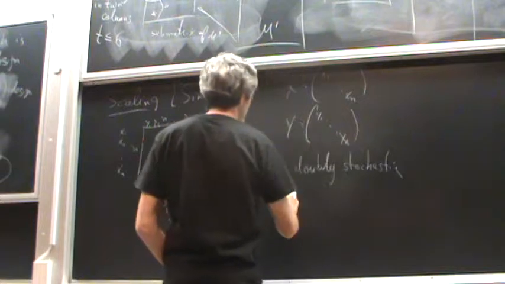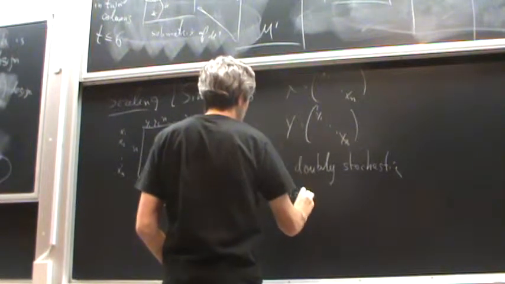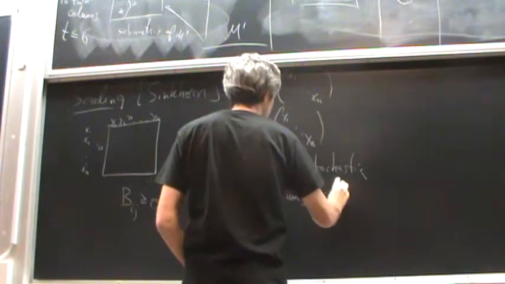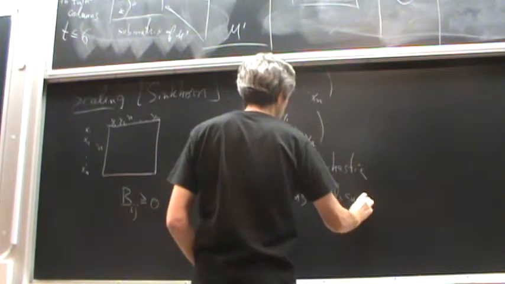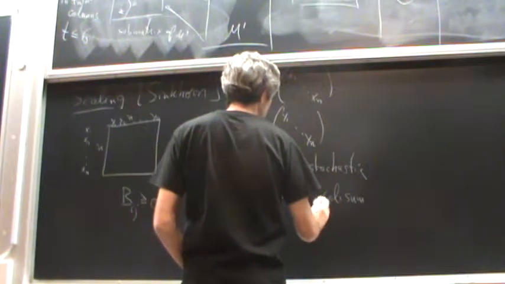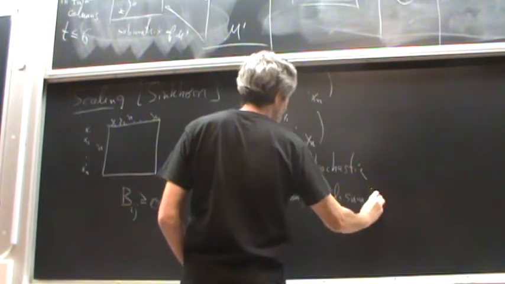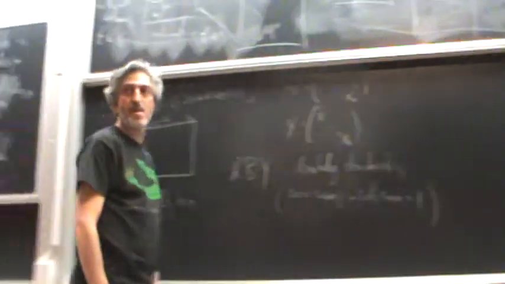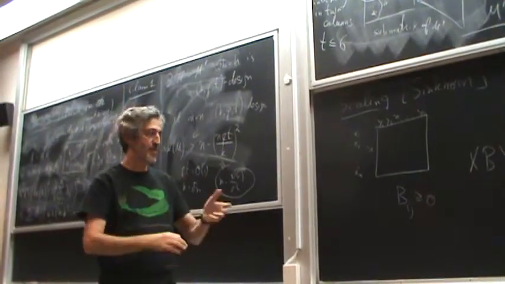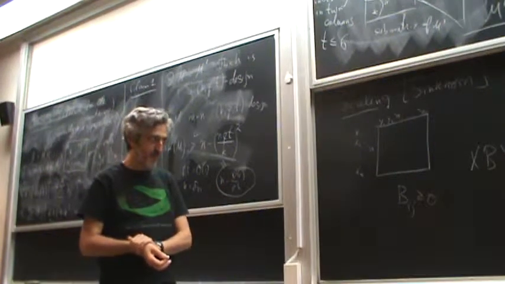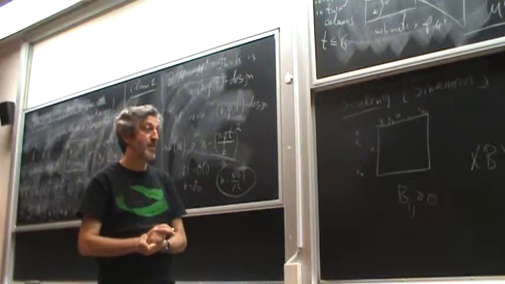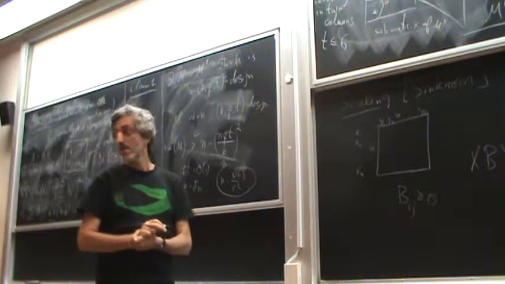Which is a fancy name for saying that every row sum and every column sum is 1. Okay? It's like a matrix of a Markov chain, where the matrix and its reverse are Markov chains. So that's a doubly stochastic matrix.